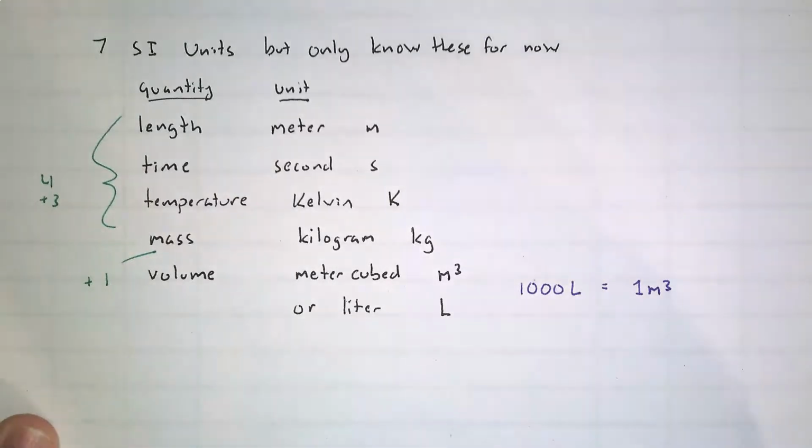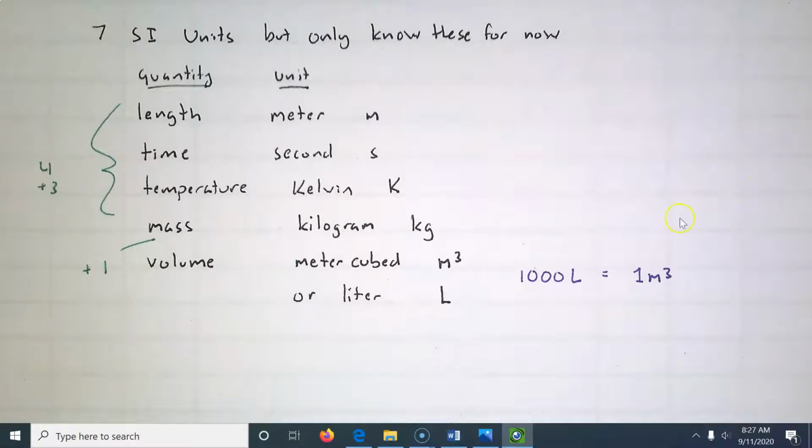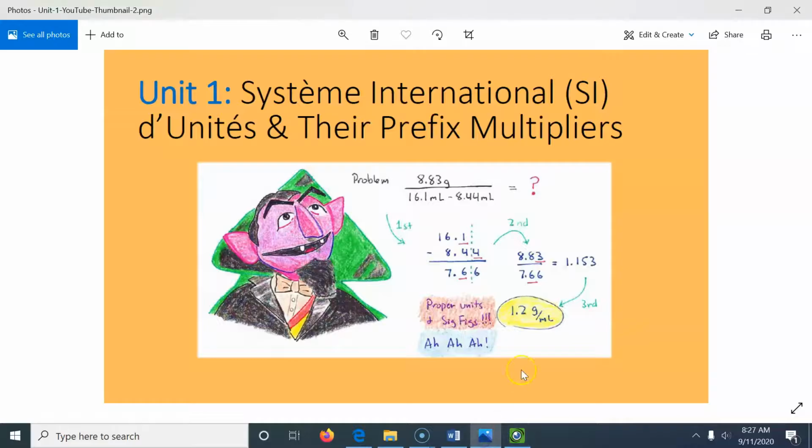Okay. All right. Next is prefix multipliers. You know, if we take a look back at the cover, see that's a prefix multiplier, milli. So we know what a liter is. It's a unit of volume, but now we're going to take a milliliter, and we have to figure out what that represents.